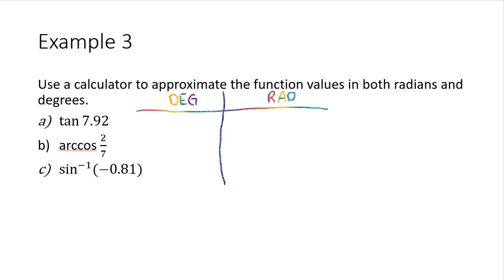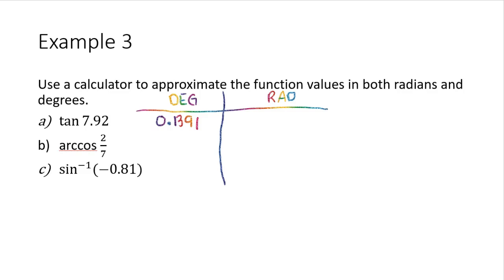The first thing we're going to do is tangent 7.92. Now notice this is not inverse tangent or arctangent. So we're just going to do regular tangent 7.92. And this is giving me 0.1391.